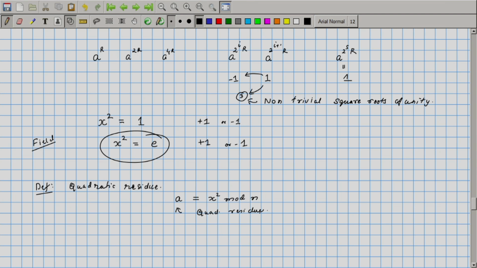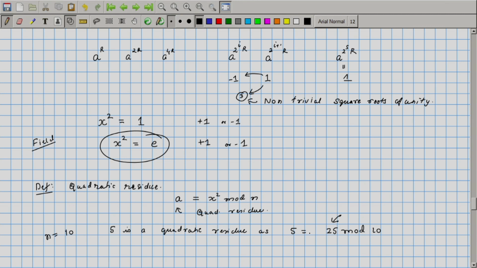Okay. So, if you take for example n equals 10, and if you take the number 5, 5 is a quadratic residue, as 5 is equal to 25 mod 10, and this is a square.